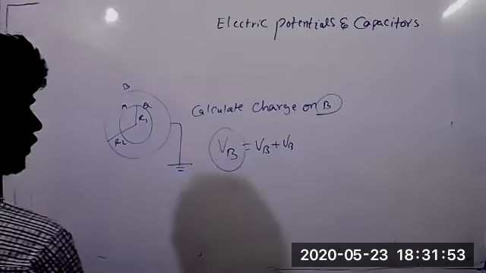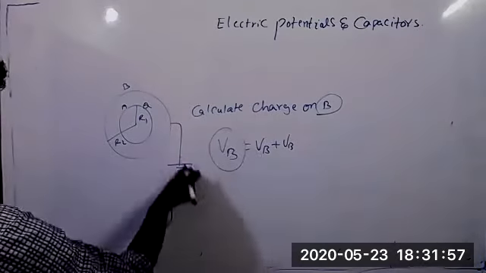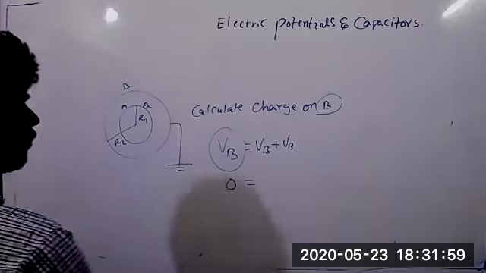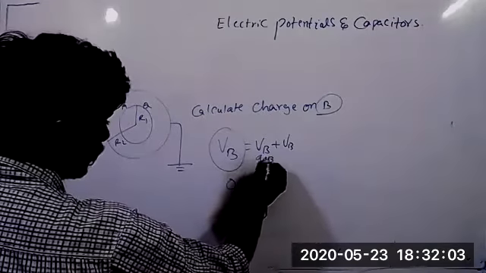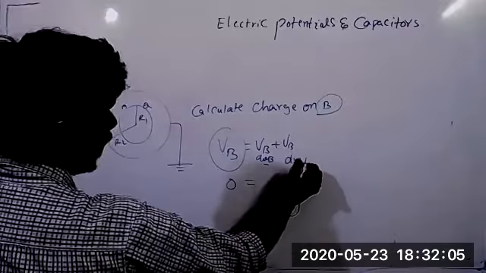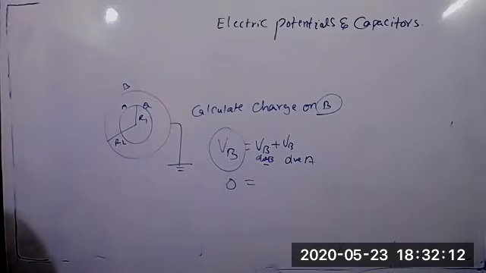It will become what? Zero, because we connected it to ground. So we know what to do. One is due to B, one is due to A. We will get the charge also, we can calculate. That's all. Very important. Okay, they will ask.